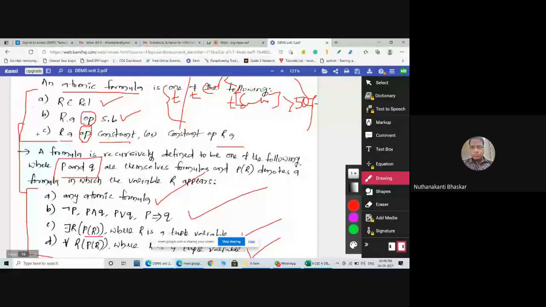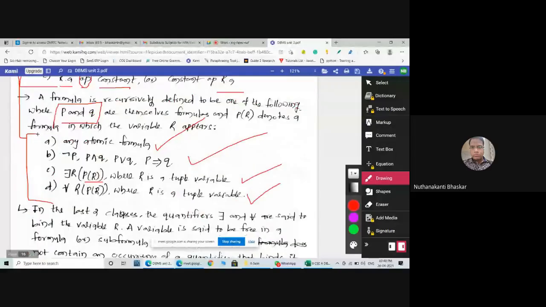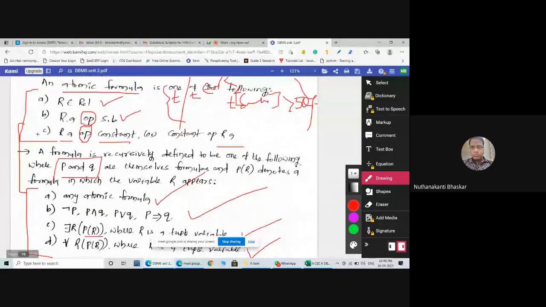So some atomic formulas are provided in the relational calculus, and four formulas are extracted from the atomic formulas. These mathematical notations are the same ones we can use. How to use them and where, I will tell you. But first of all, you must remember them.